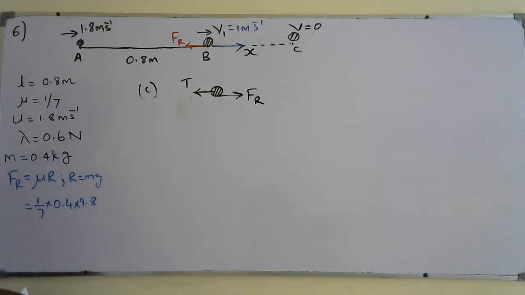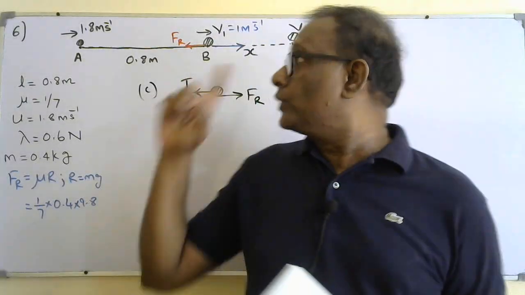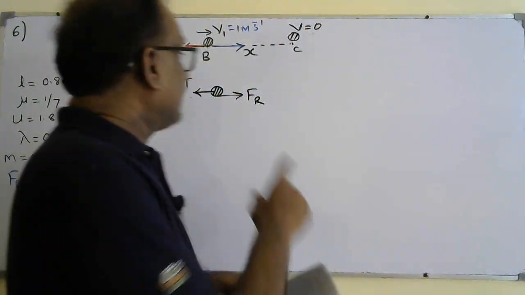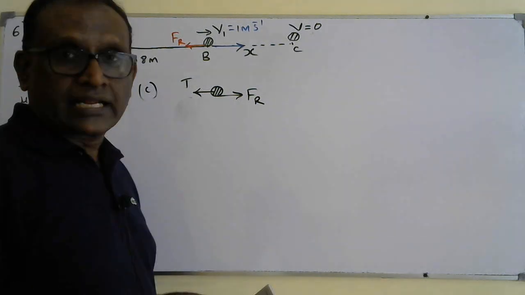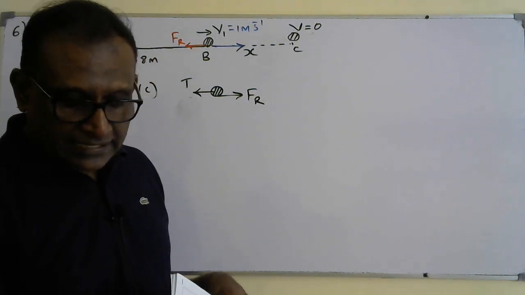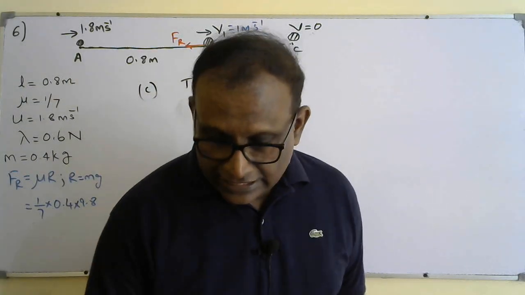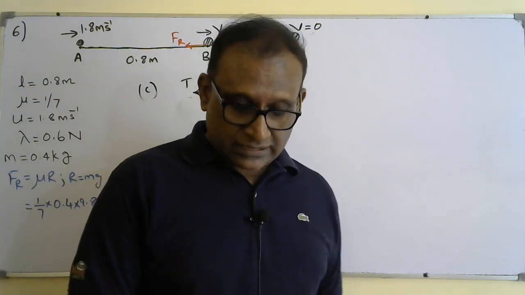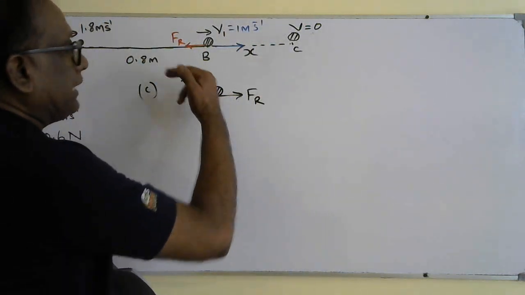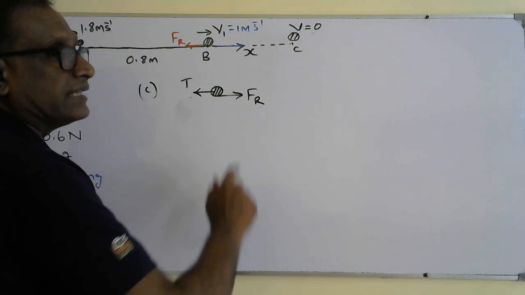So if it wants to accelerate from rest towards B, then tension must be greater than Fr, otherwise it can't accelerate from rest because it already has reached speed 0, or it has become rest. So if it wants to move towards B, the resultant force should be towards left, so the tension must be greater than Fr.